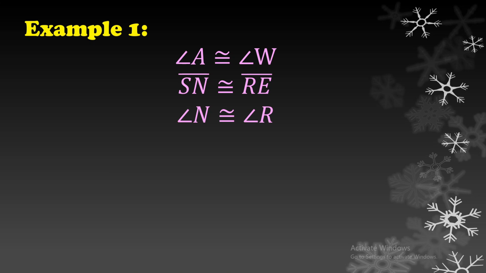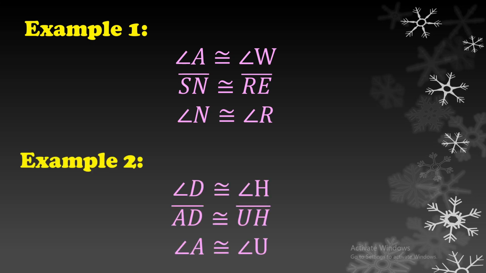Let's have another example. Again, given these three corresponding parts of two triangles, can we prove that those triangles are congruent based on the AAS congruence theorem? Very good.